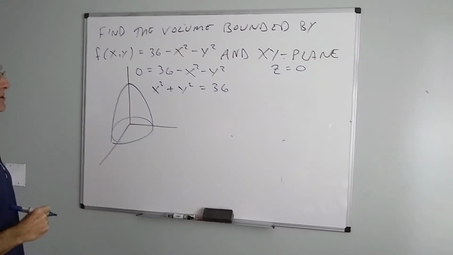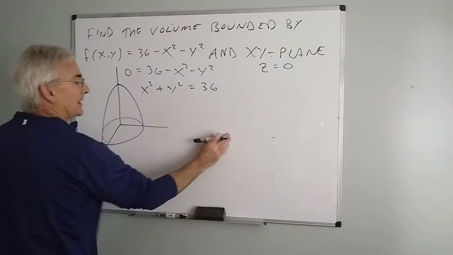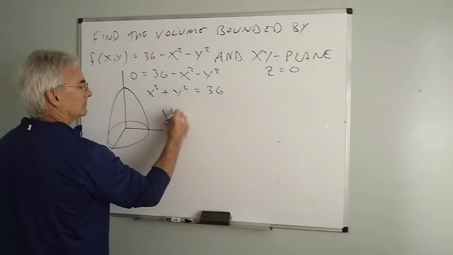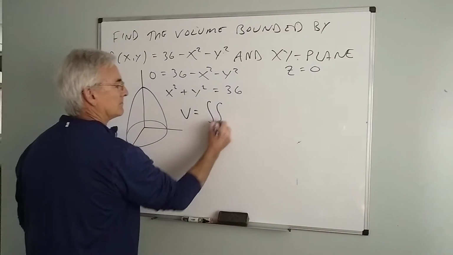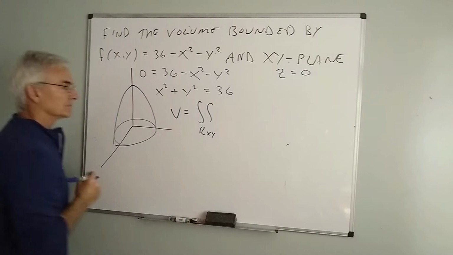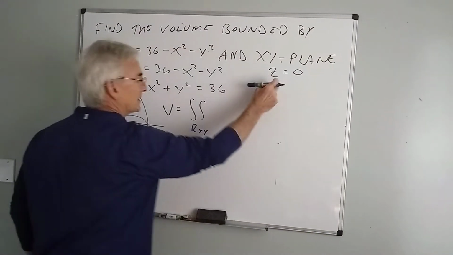I have a circular region and my integrand is this. So if I'm setting up the volume problem, I can go directly to the xy plane first. It'll be the top minus the bottom, so z equals this minus z equals 0.